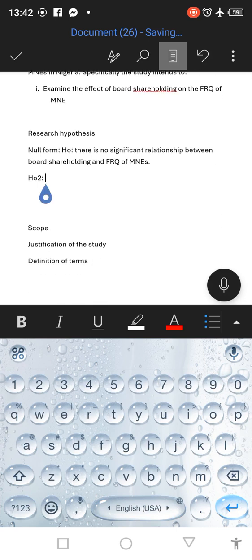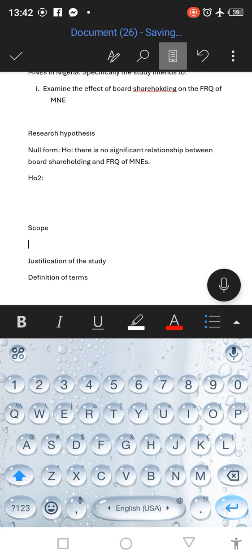Now, when we are talking about the scope of the study, this majorly talks about the coverage of your work in terms of the geographical area.